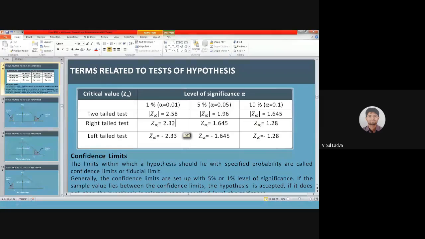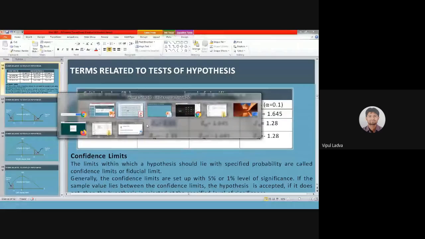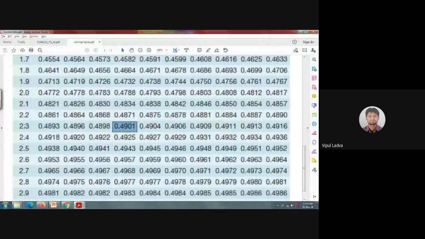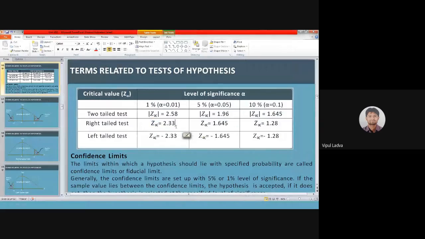That means 1% level of significance, and this is the value of Z alpha, 2.33. You can easily identify this from this table. If you are looking for 0.49 तो वो आएगा 2.3 और ये column is for 0.03. So 2.3 plus 0.03 will give you 2.33. So this is what I had mentioned over here: Z alpha critical value for the right tail test.